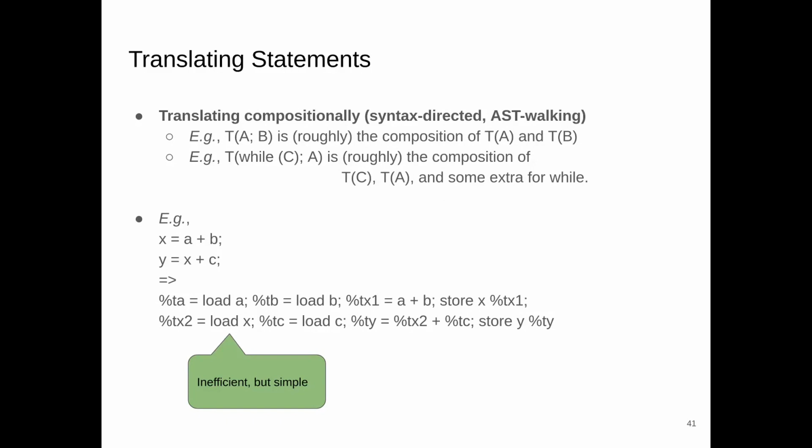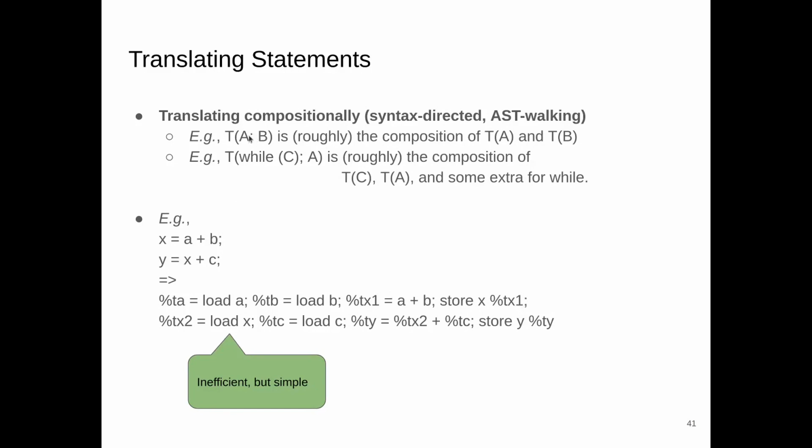So here is a simple example, which roughly corresponds to A semicolon B. These are two statements, x equals A plus B and y equals x plus C. And these two are forming a complex statement that consists of two sub-statements, two assignment statements. And translation is easy. We first translate the first statement. We first load A, load B, calculate the addition and store the value.